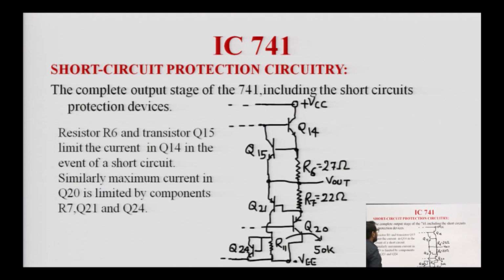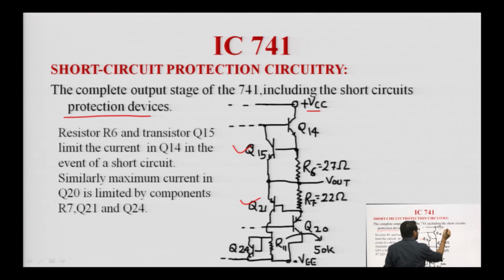This is the short circuit protection device. Here the transistors Q15 and Q21 are the devices used for short circuit protection of the output stage. When the output stage is shorted to the two supplies, that is VCC or minus VEE, these two transistors, Q15 and Q21, will conduct, which minimizes the base current.